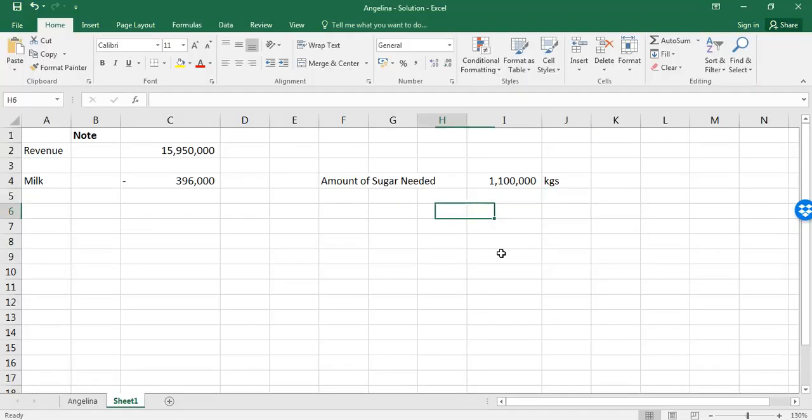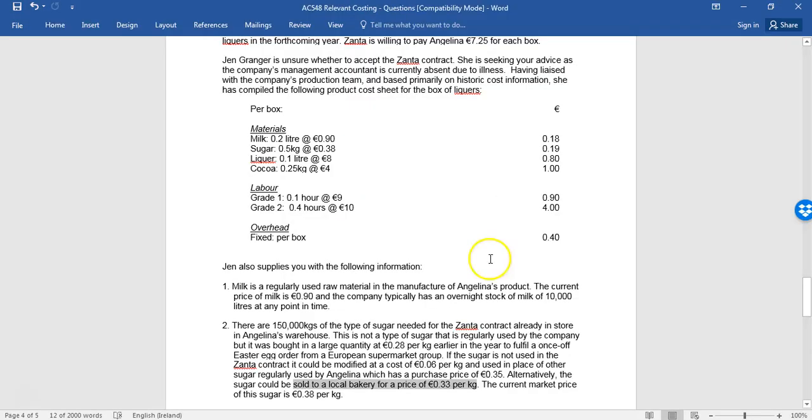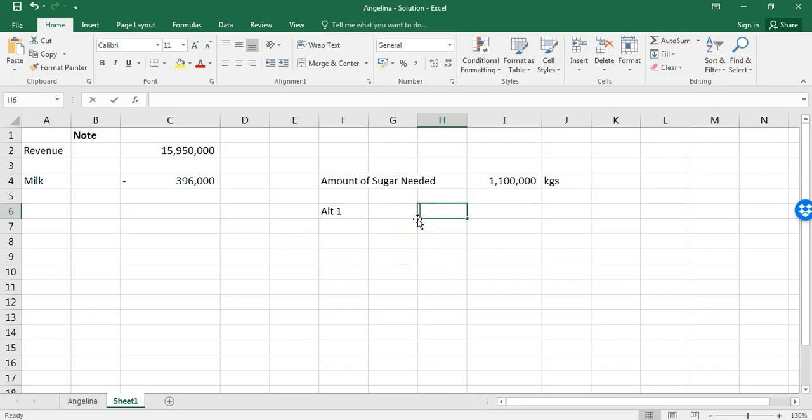And we have two alternatives. So alternative one is we could modify it at 6 cents per kilogram and then use it instead of sugar that costs 35 cents. So what that's essentially telling us is we could save 35 cents a kilogram if we spend an extra 6 cents. So the opportunity cost there is 0.29.